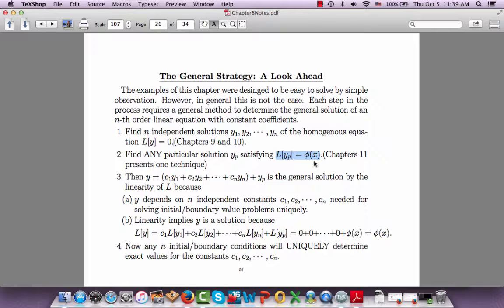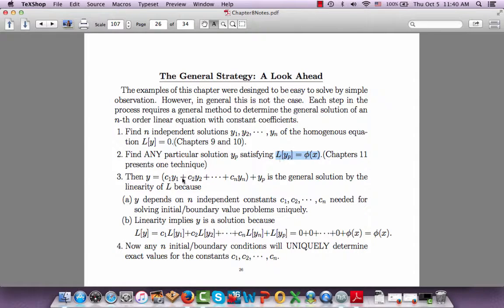Using linear independence of terms, we match up the like terms and match up the coefficients. Then we can actually figure out exactly what that function must be. So again, we're going to be solving a system of equations for numbers. But that will actually determine an exact function, y sub p, which gives us a solution to this.